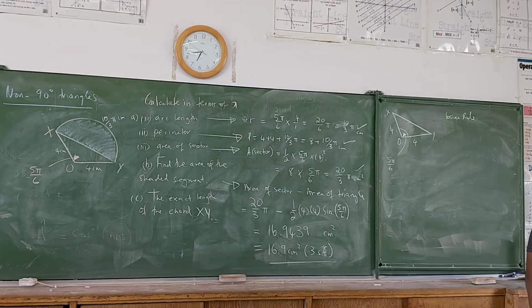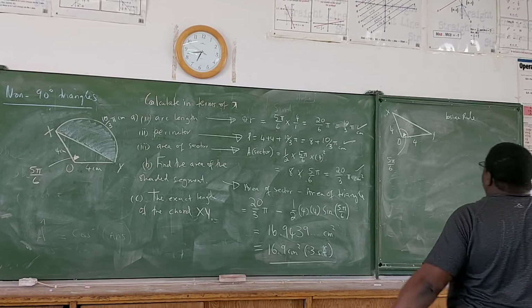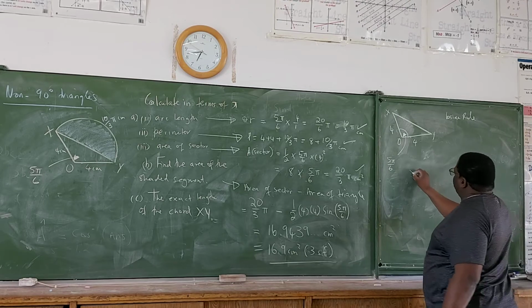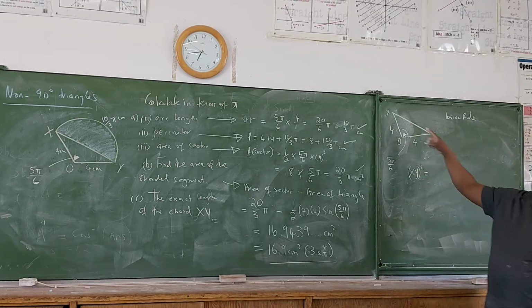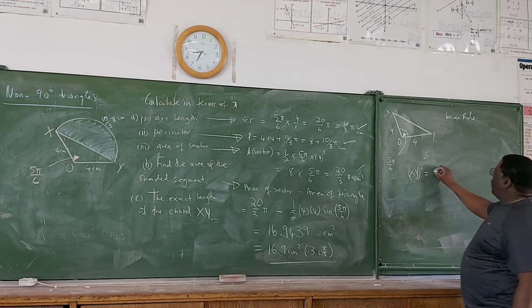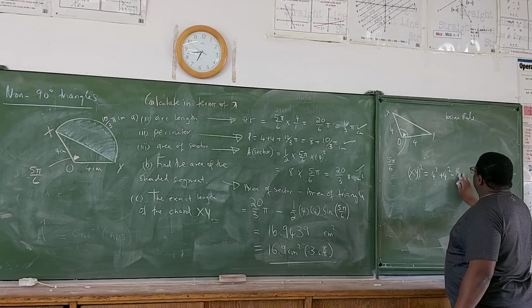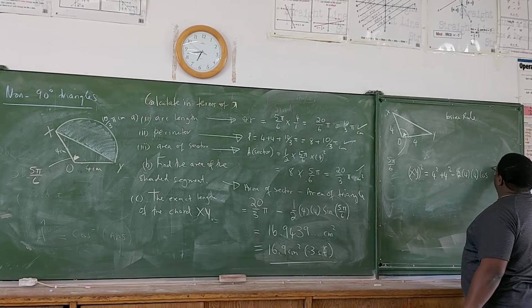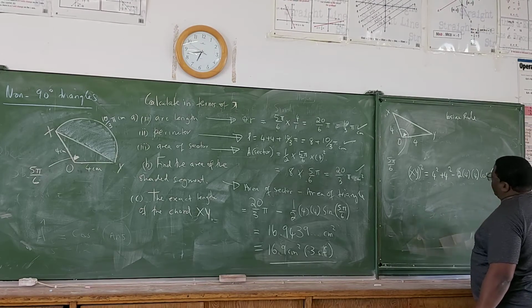Let's start here. XY squared equals 4 squared plus 4 squared minus 2 times 4 times 4 times the cos of 5 pi over 6.